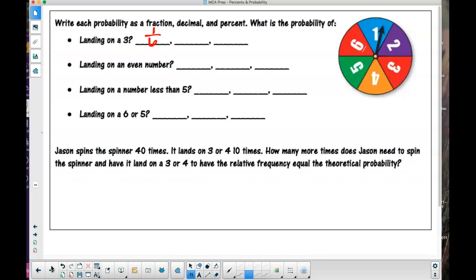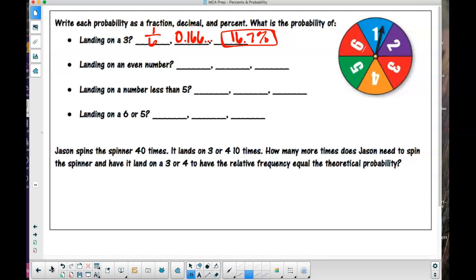To the nearest tenth, what percent is that? Go ahead, Tyler. 0.17. Okay, so your calculator gives you 0.166666. What percent is that though? That's a decimal. What percent? Izzy? Would be 16.7. 16.7%. Okay, and ultimately we just want the percent.